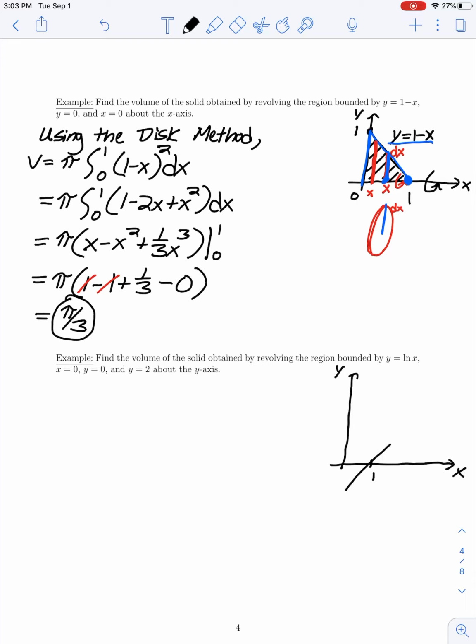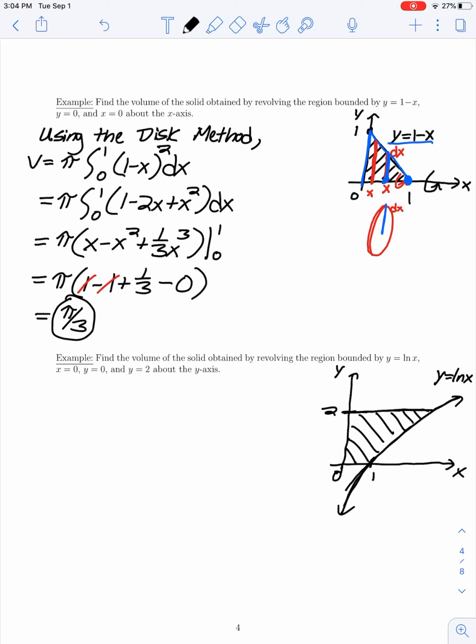So our curve looks something like this. And then it's also being bounded by, we were told, the line y equals 2. So that is a horizontal line passing through y equals 2. So our region of interest is this shaded region bounded by those values.